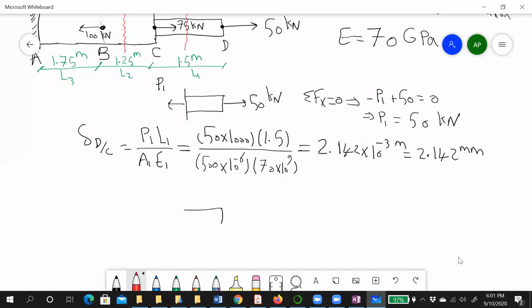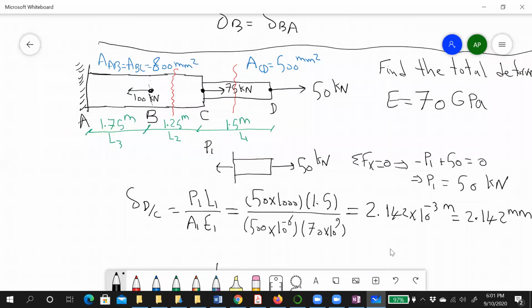Student: If the object is connected on the left side to the wall, can we assume that the force on the right side of the segment is going to be our force, like 50 kilonewtons equals P1?